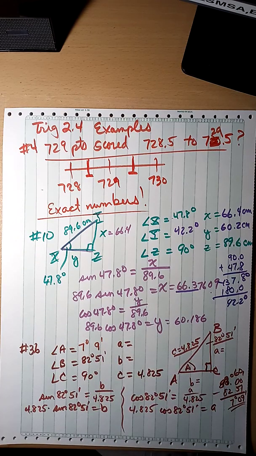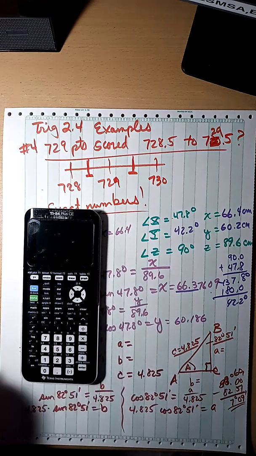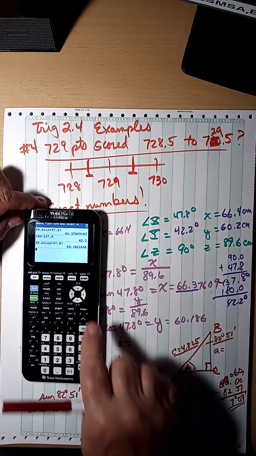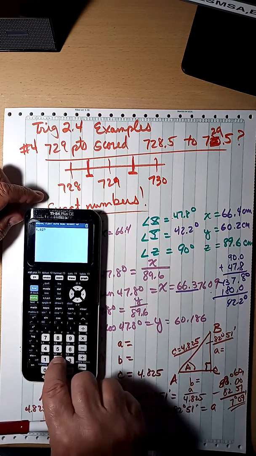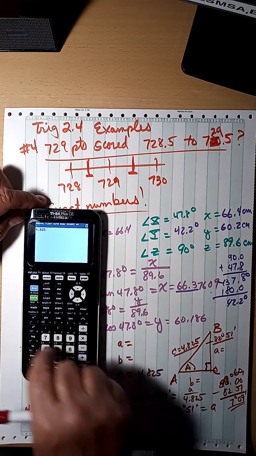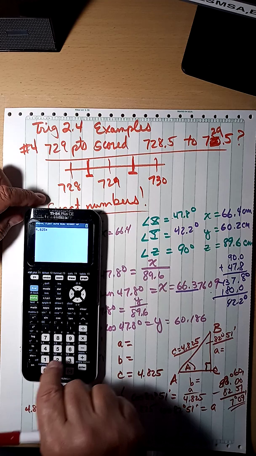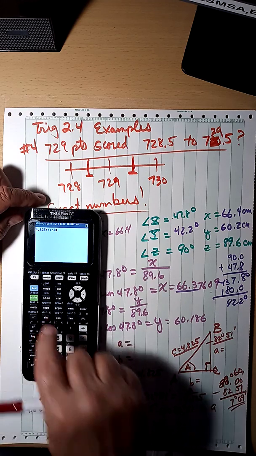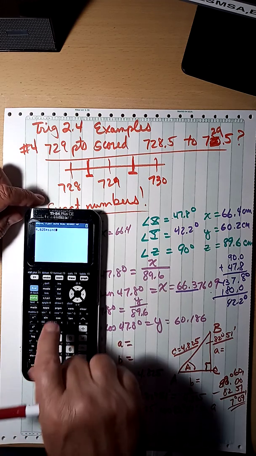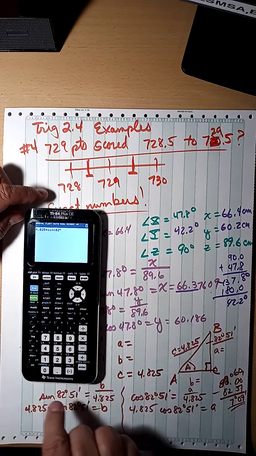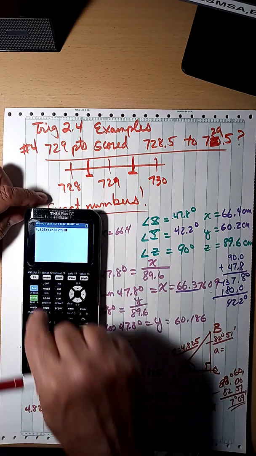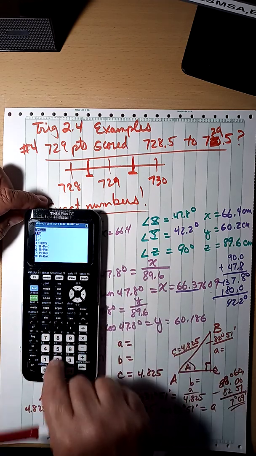Now, to find the two sides, I need my calculator. Let's clear this out. 4.825 times the sine of 82 degrees, 51 minutes. Second apps, 1 for degrees, 2 for minutes.